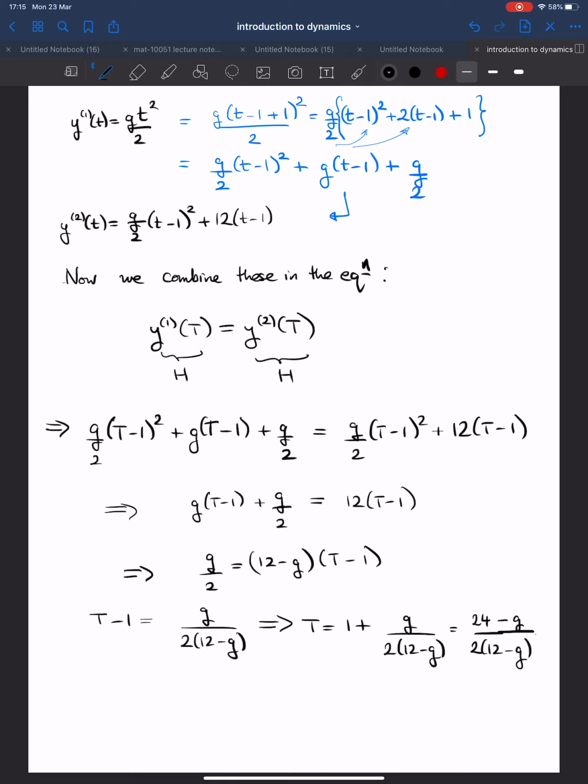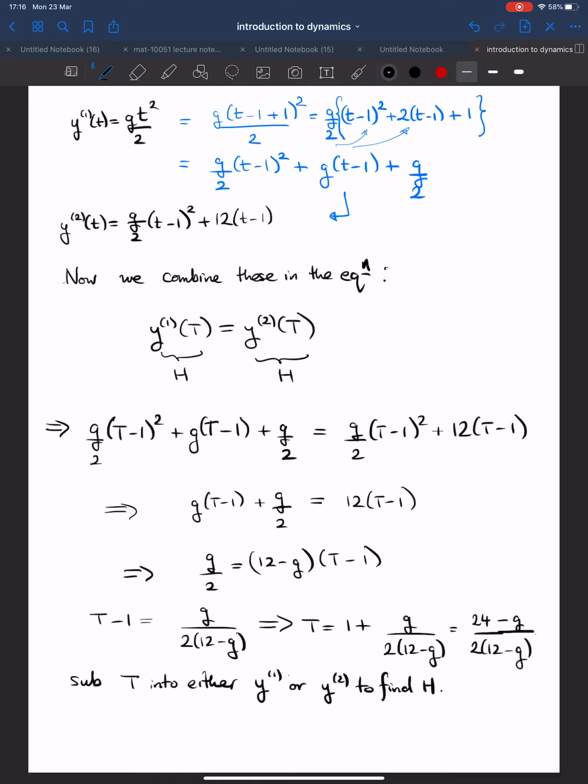Now what to do? Well, what I have to do is I have to now sub, and it doesn't matter, but I can tell you what my initial preference is. Sub T into either y1 or y2 to find h.